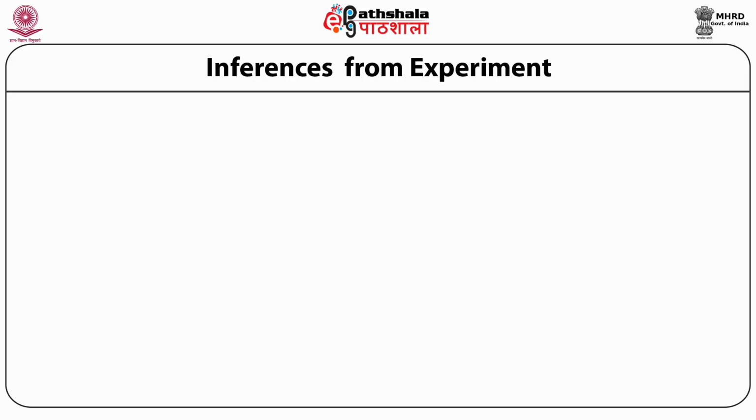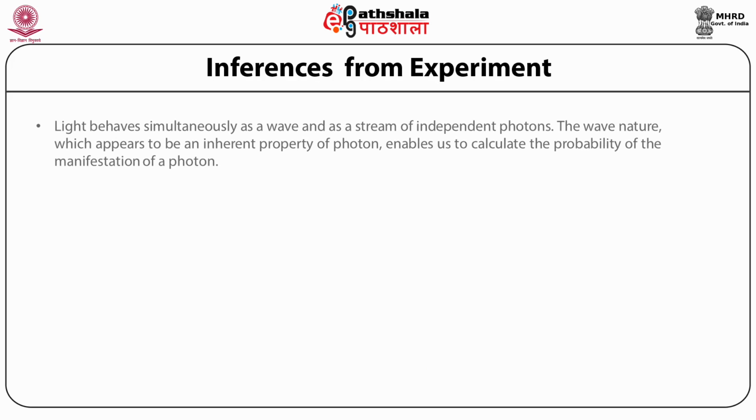Inferences from the experiment of Young's double slit. Light behaves simultaneously as a wave and as a stream of independent photons. The wave nature, which appears to be an inherent property of the photon, enables us to calculate the probability of the manifestation of a photon.